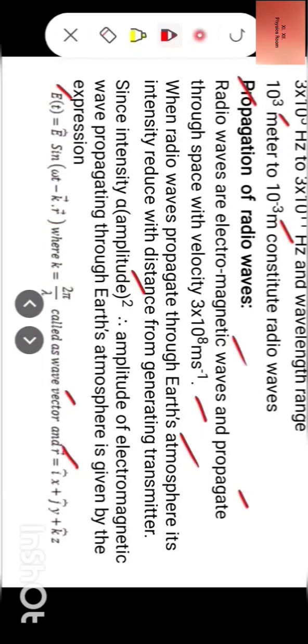That is, it is a three-dimensional vector and the electromagnetic wave propagates along 3 dimensions and its amplitude reduces with distance from the generating transmitter, because here we have the term omega t minus k dot r. Its amplitude goes on reducing with distance r.